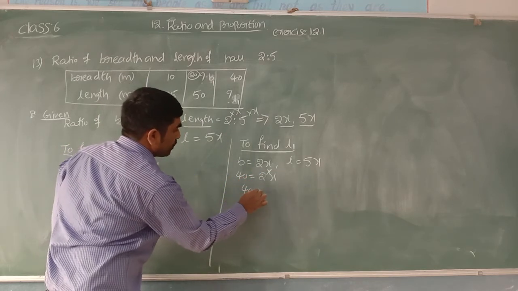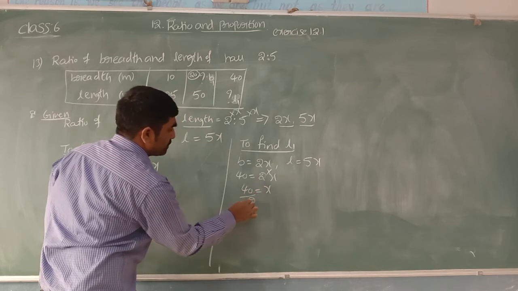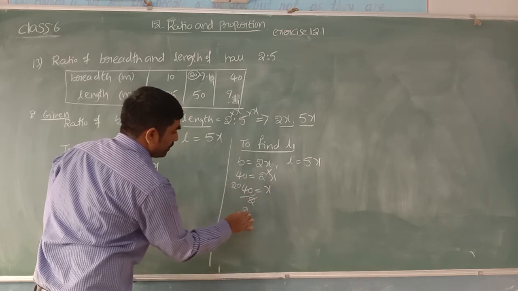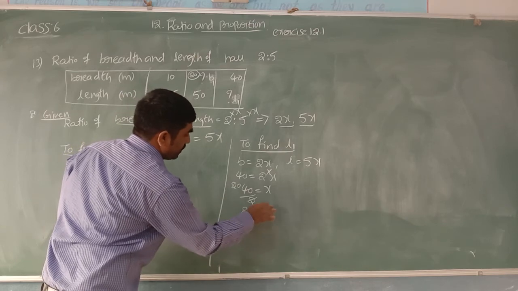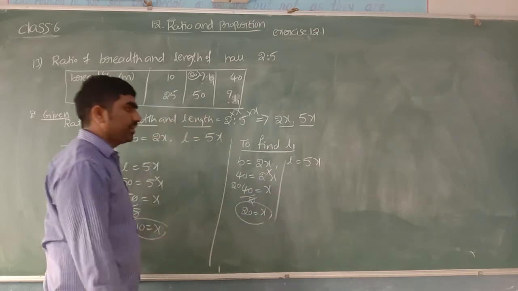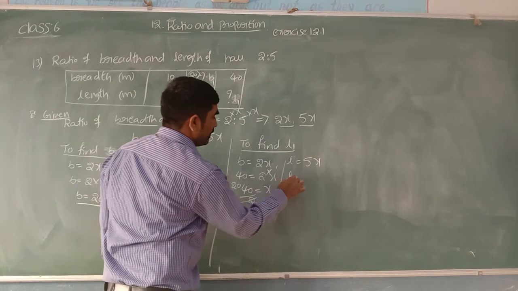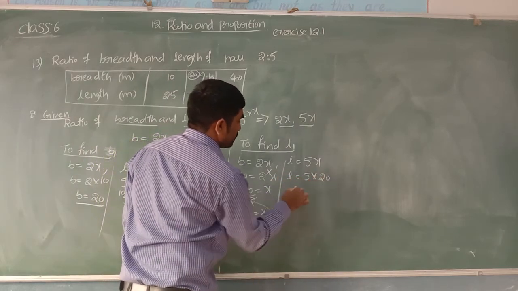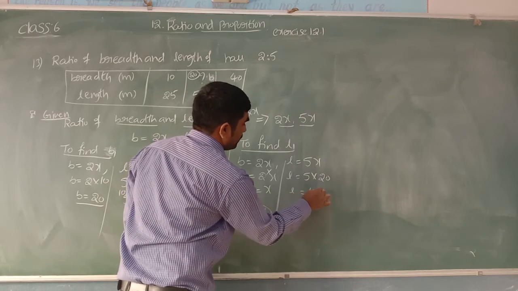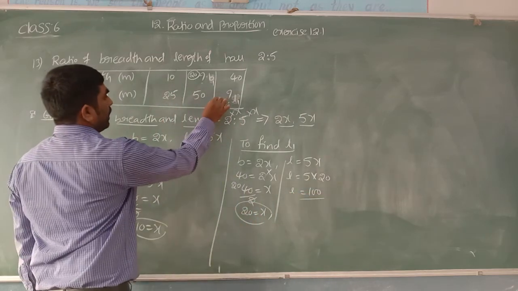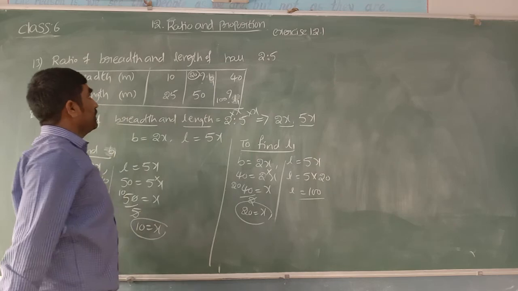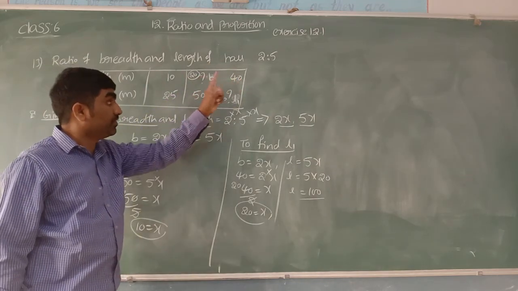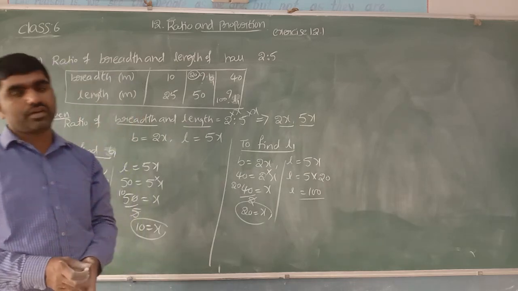So 40 divided by 2, transposing by 2, is equal to x. 2 1s are 2, 2 2s are 4, 0. 20 is equal to x. Now we will substitute this in that and find the value of length. L is equal to 5 into what is the x value I got? 20. So L is equal to how much? 100. Length is 100. See here, breadth is double from 20 to 40, length also doubles, 50 to 100. So like that you can find.